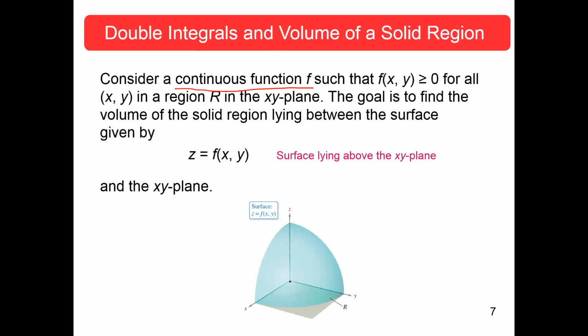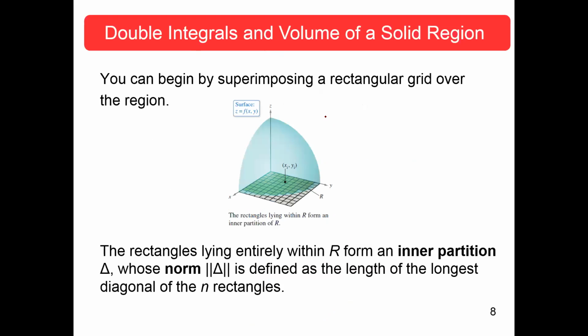So region R is here, and this is the surface which is above the xy plane. You can tell there is a certain volume of solid that you can construct, and we would like to find the volume. Is that clear, guys? Yes. Okay. So pretty similar. The first thing we need to do is get a partition of the region.